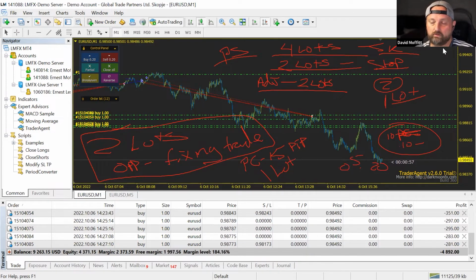But the main reason why you need to do this is because yesterday you guys were all struggling and I made 1% because I did this. As it went against me, I was able to use my fix it mode because I had a layer on.